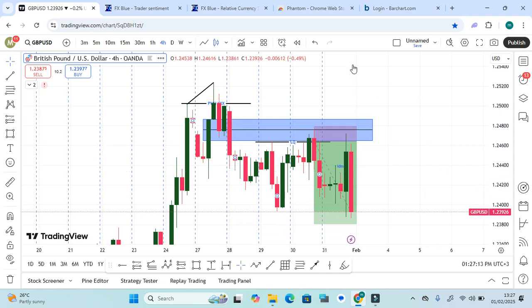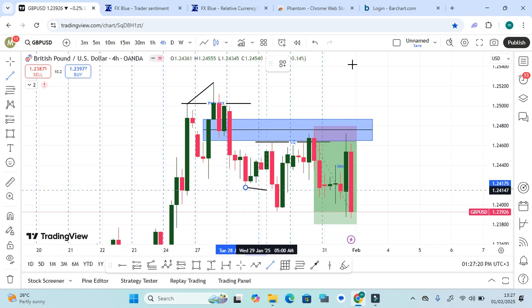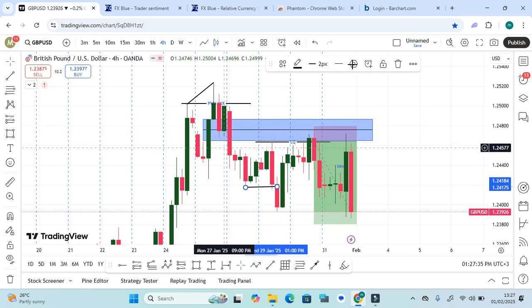But according to my strategy, I enter after the market takes liquidity the next day. So we know we have price imbalance and it was inversed by this green one, red one. So at least we had to see price coming back to our point of interest. That is where we're going to look for our entries.